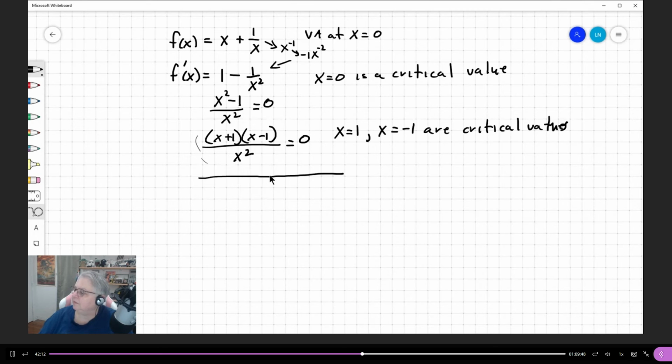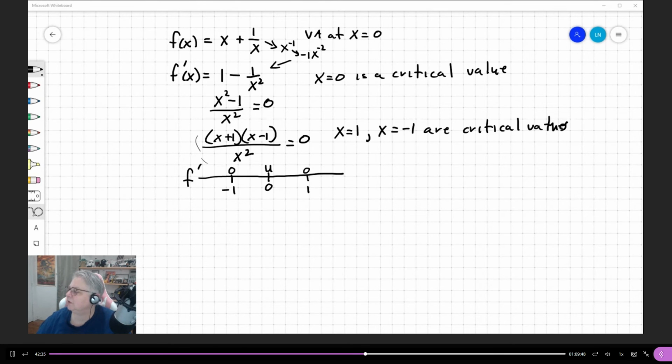So I've got a critical value at 0 where the derivative and the function this time are undefined. I have one over here at negative 1, and I have another one over here at positive 1. Both of these are where the derivative is 0. So remember, this is f prime, so I'm looking up here.